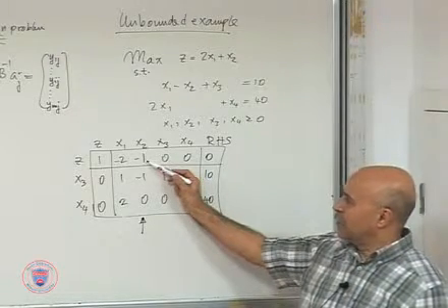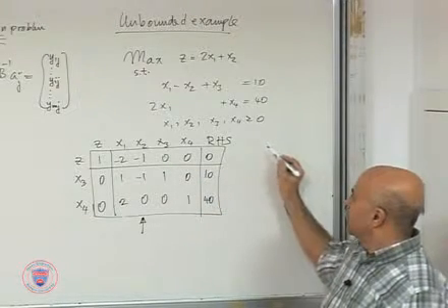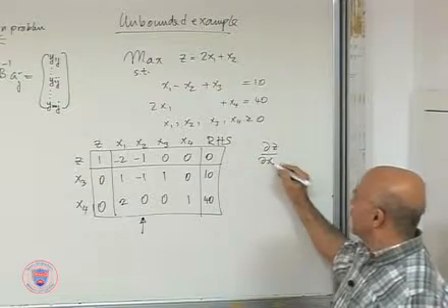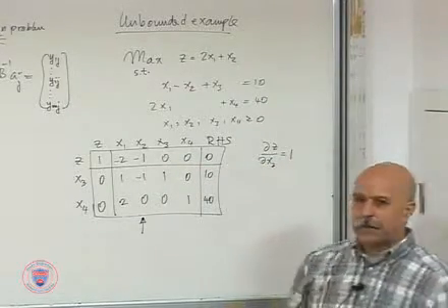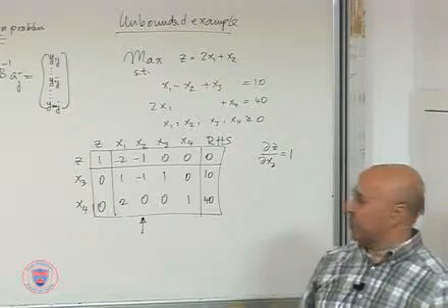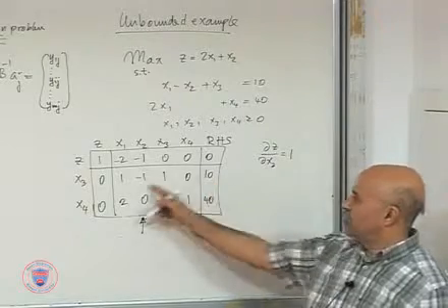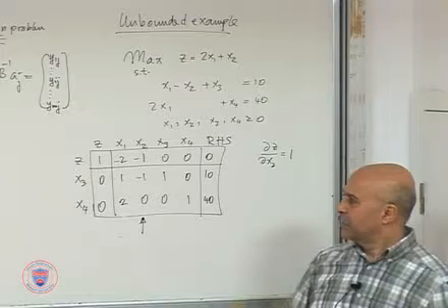That has a negative number here, reduced cost. So the rate of change in z as a function of x2 is 1, which means it's going up by 1 unit for each unit increase in x2. There's no ratio to test for. All these numbers are negative or 0.